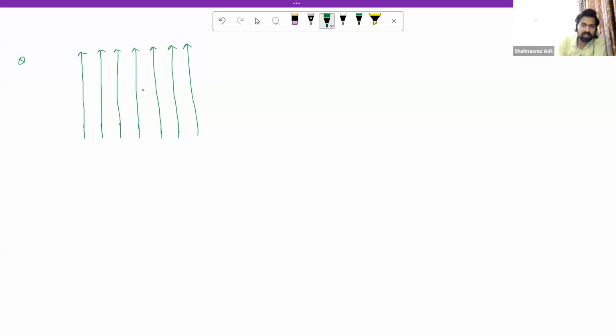And now some charge is put in this electric field. Let's say this is some proton, or some Q charge, which is put in this electric field. If there is no electric field and you put this charge in here, what will happen to this charge? This is the ground.